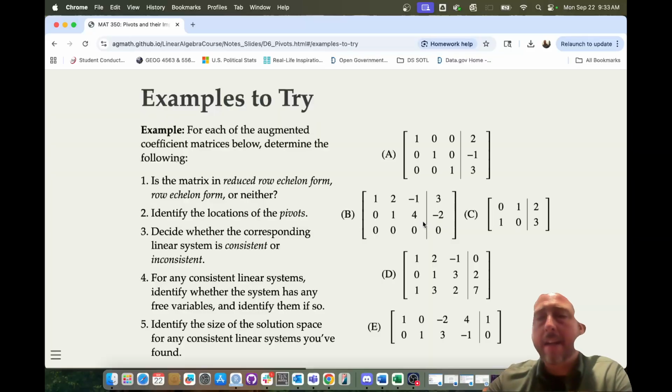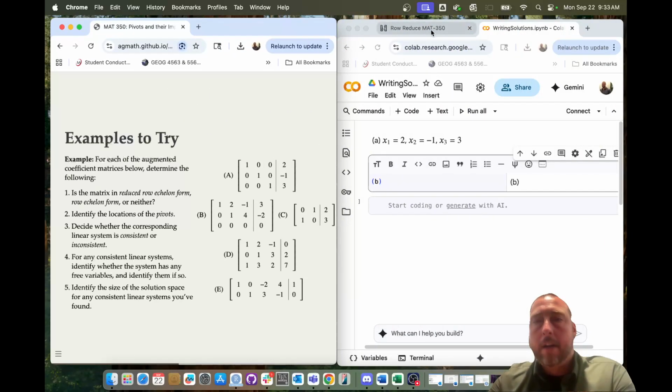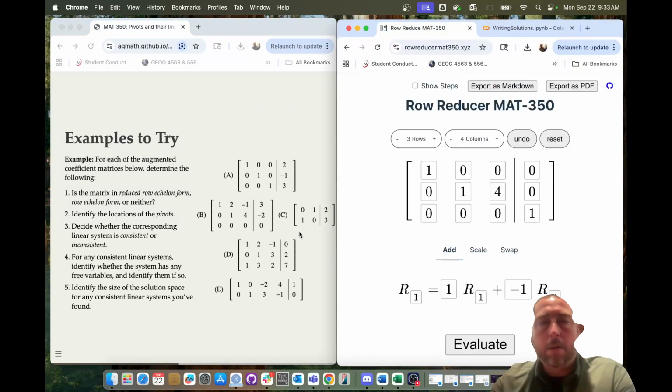As it stands right now, though, because we're in just row echelon form and not reduced row echelon form, we have a bit of a hard time reading the solutions off of this matrix. So I'm going to go back to our row reduction applet.